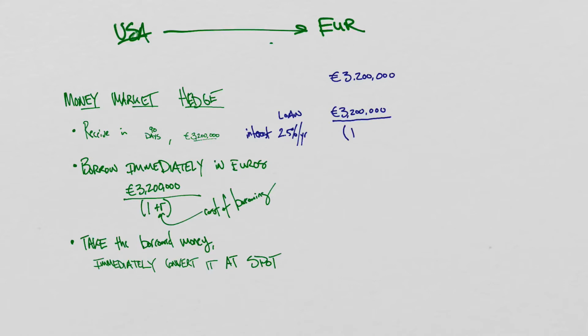But let's take this borrowed amount and deflate it by 2.5% divided by 4. In other words, 90 days over 360, we're de-annualizing this annual number to get to a quarterly one for a 90-day loan.